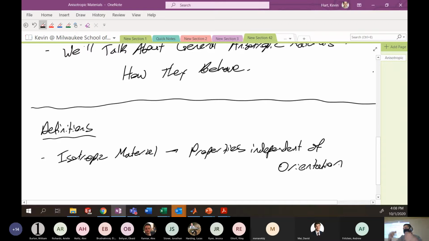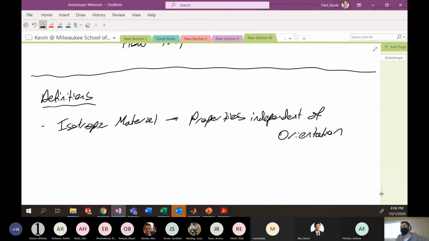It's like any aluminum, steel, etc. that you're probably familiar with, whether I load it this way, that way, whatever, it behaves the same in all orientations. This is the basis for your ME2004 class, your ME3005, basically everything that you've seen up to this point.